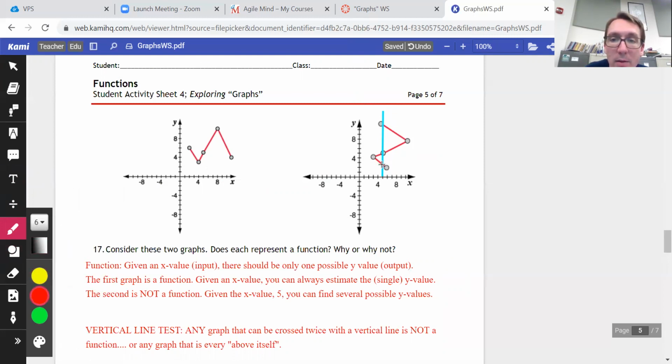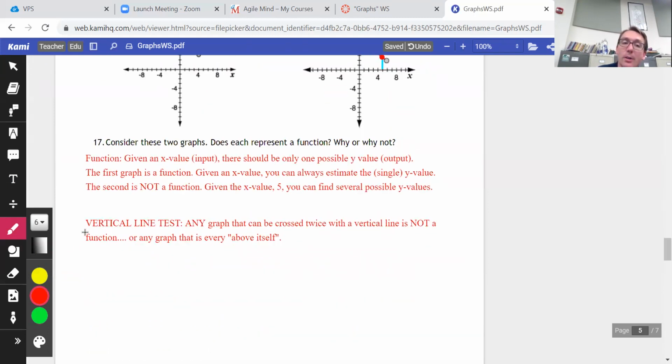Y could be right here, or right here, or right here. I don't know which of those y's is there. Notice I just drew a vertical line from this x value. So if x is 5, y could be all sorts of things because it's above itself. This graph is above itself. A vertical line goes through more than once. So this is what we call the vertical line test. And it is a thing.